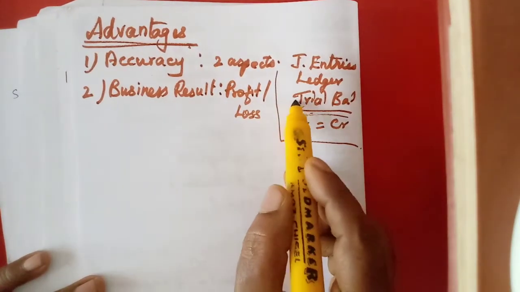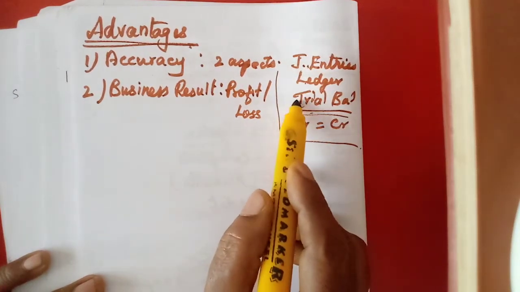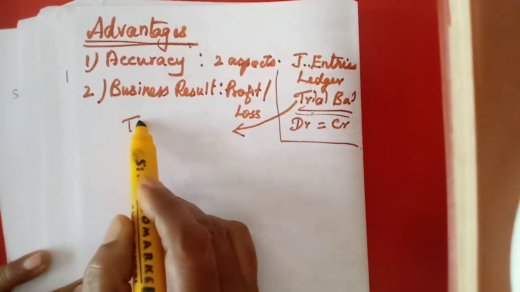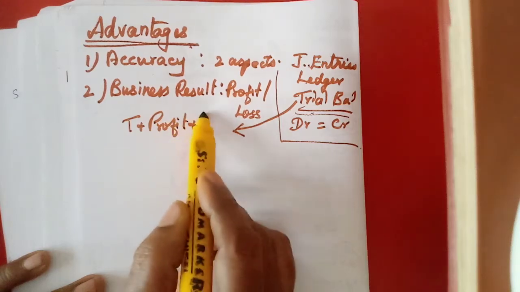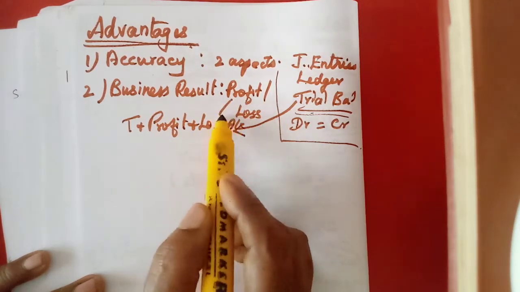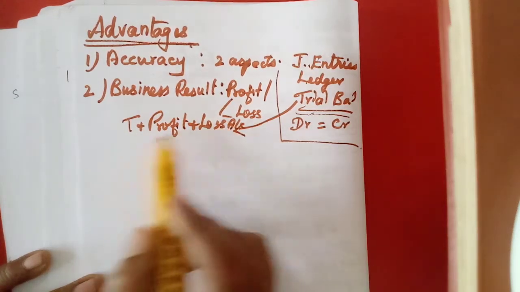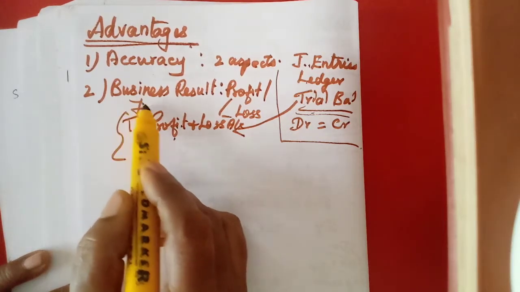So here we have learned, we prepare the journal entries, ledger and trial balance. With the help of this trial balance, we will prepare the trading and profit and loss account. In the trading and profit and loss account, we can find out either profit or loss. After this, they are called the final accounts.